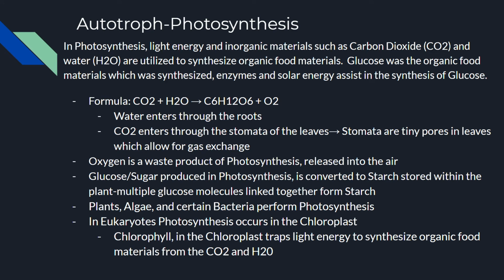In photosynthesis, light energy and inorganic materials such as carbon dioxide and water are utilized to synthesize organic food materials. Glucose was the organic food material which was synthesized. Enzymes and solar energy assist in the synthesis of glucose.